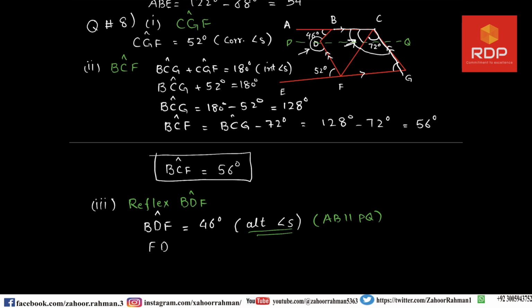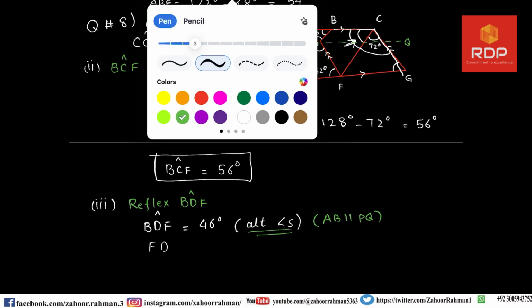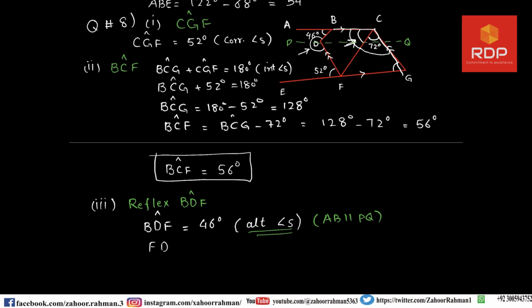So now we are finding FD, and then we are taking FDQ, and who will tell me that it is equal to what? F, D and Q, because these are the parallel lines, and this is the transversal line.